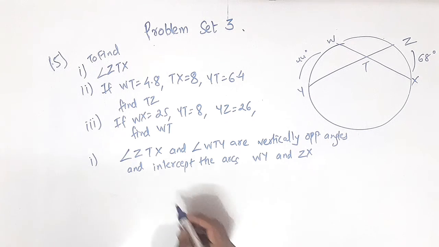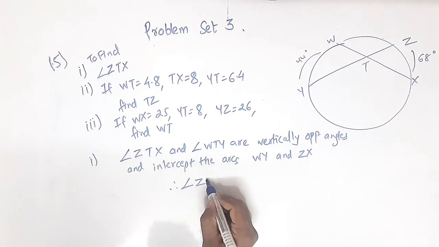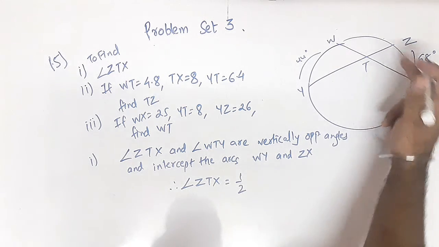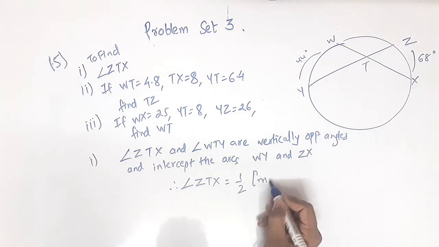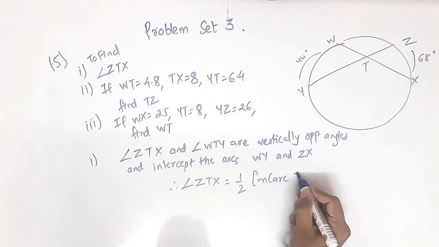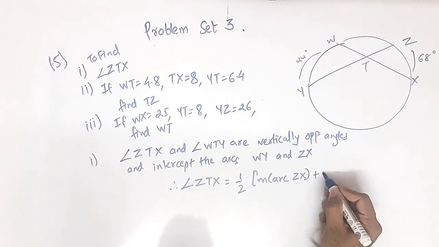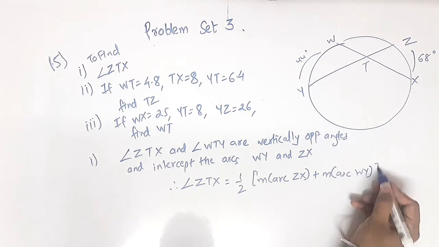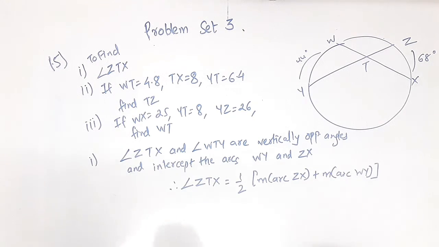So I can straight away write, therefore angle ZTX is equal to half of the measure of arc ZX plus the measure of arc WY. So it is this plus this.